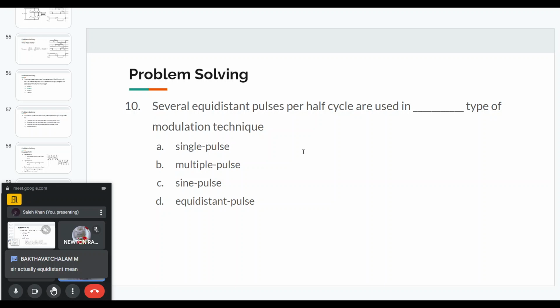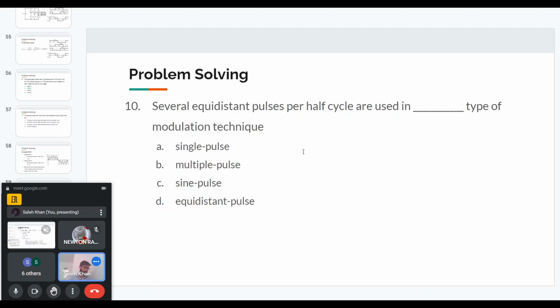By equidistant, we mean that if we have multiple pulses, one option is that after a given interval of time, for example after 10 milliseconds, we have another pulse. Then after another 10 milliseconds, we have another pulse. So the time between the pulses is the same, 10 milliseconds.